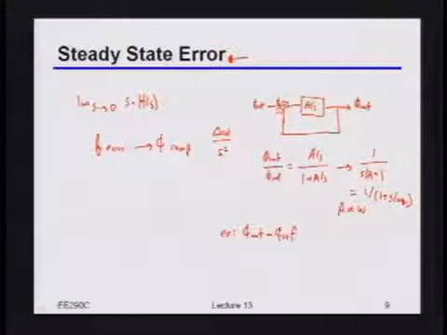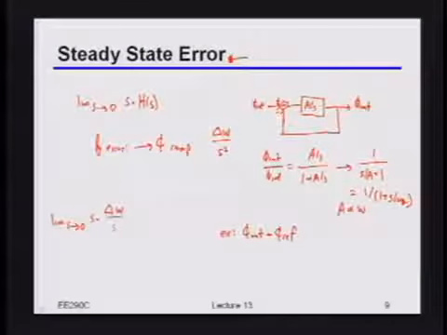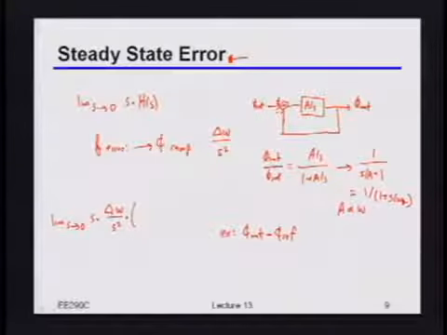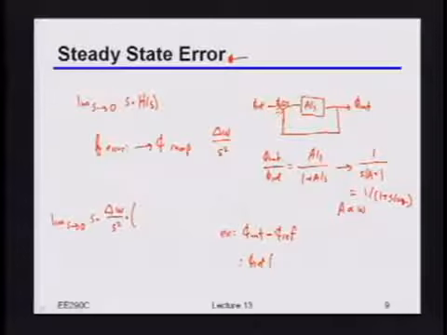So really, that's all I have left to talk about, right? Okay, so now if I want to know the steady state phase error, then again, all I have to do is take the limit as s goes to 0 of s times that input reference, which is delta omega divided by s squared. And then my error, since I'm interested in phi out minus phi ref, I can say that's phi ref times phi out over phi ref minus 1, right?